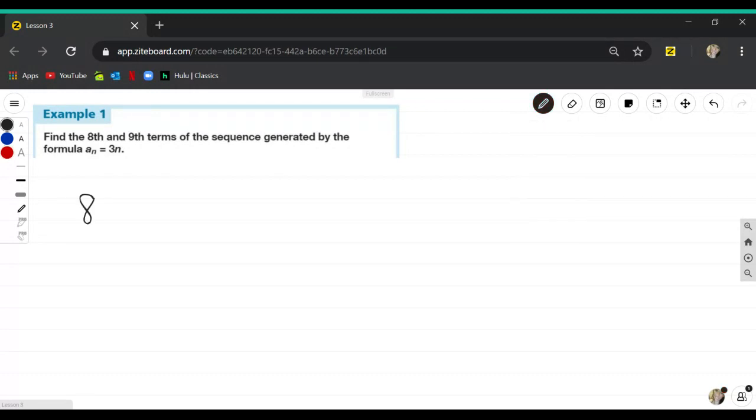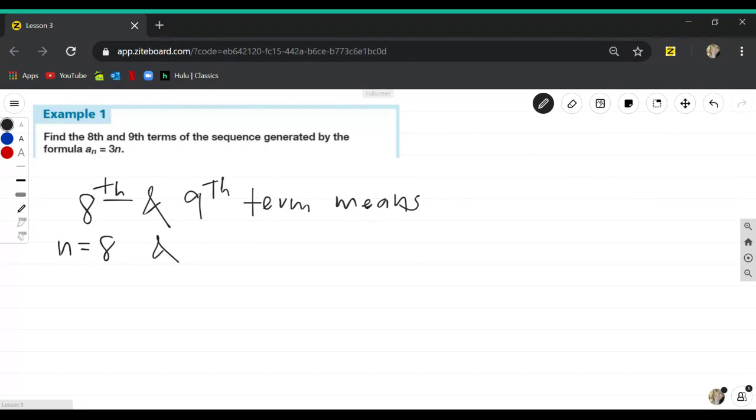So the 8th and 9th terms correspond to when n is equal to 8 and when n is equal to 9. Then a_8, is how you write it, is equal to 3 times 8, which is 24.